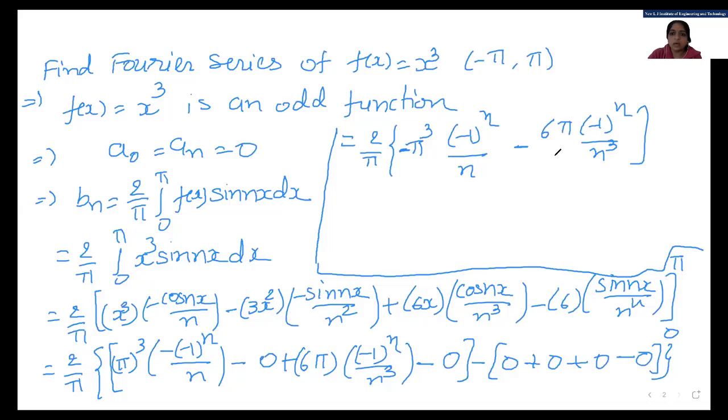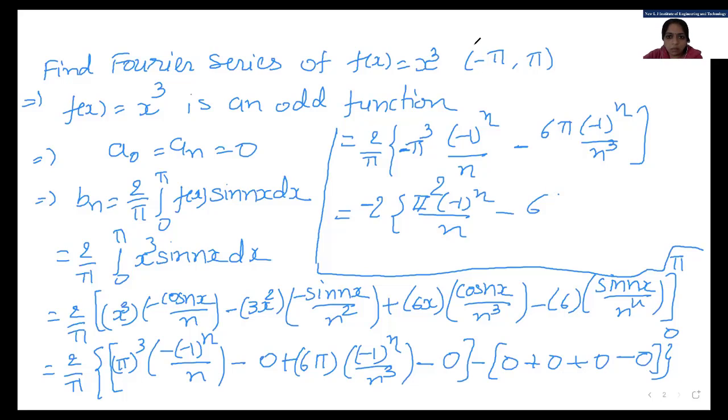So if we take pi common, then both pi will be cancelled. So our answer is minus, if we take minus also common, then pi square minus 1 raised to n upon n minus 6.